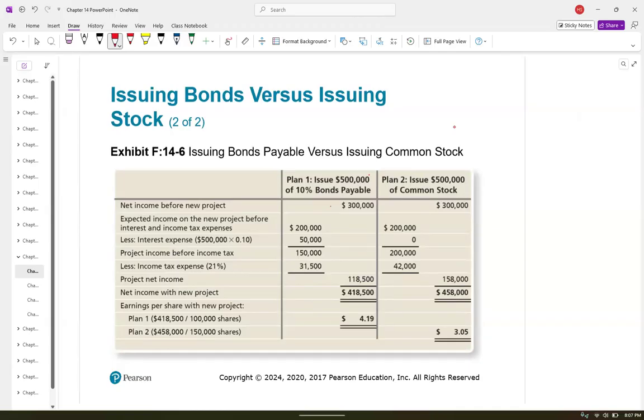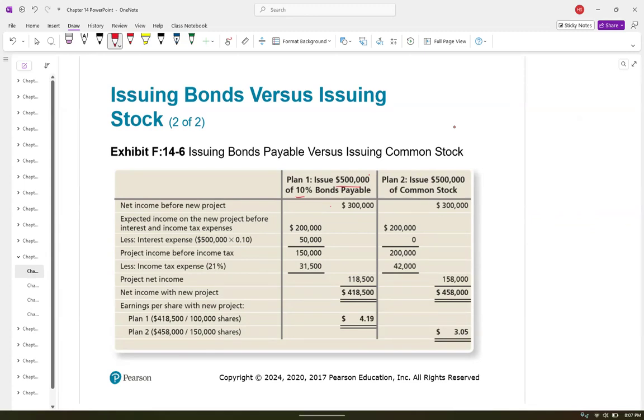We expect income on this new project before interest of 200,000, less the interest expense, which is 10% on 500,000. The tax rate is 21%, which is actually the corporate tax rate right now.